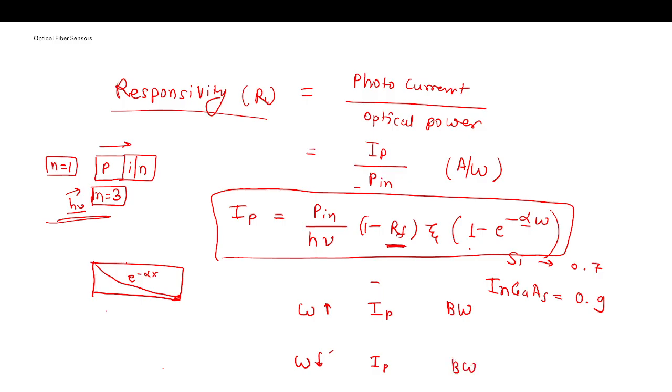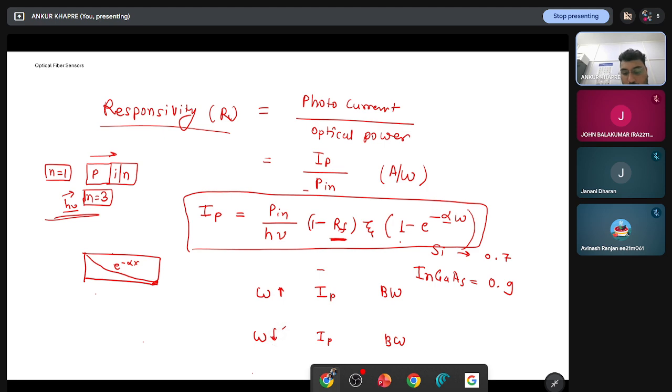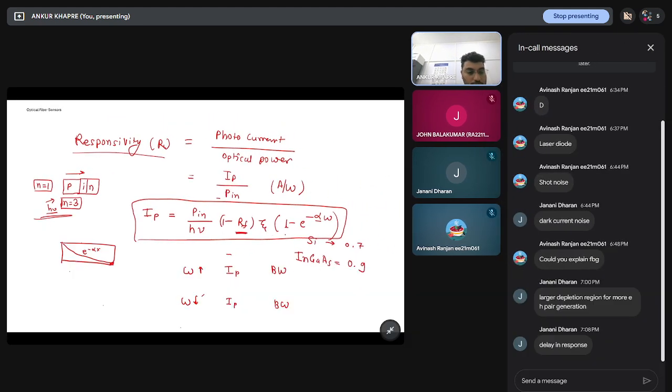Please tell me. Can you please write in the chat box also, if it is possible? We have derived the equation for the photocurrent. Then you need to tell me how the width is correlating with the IP and bandwidth.